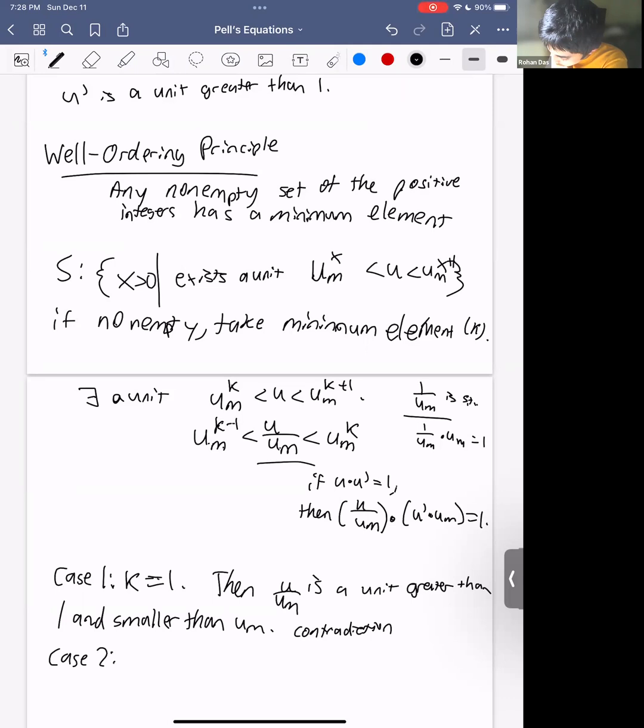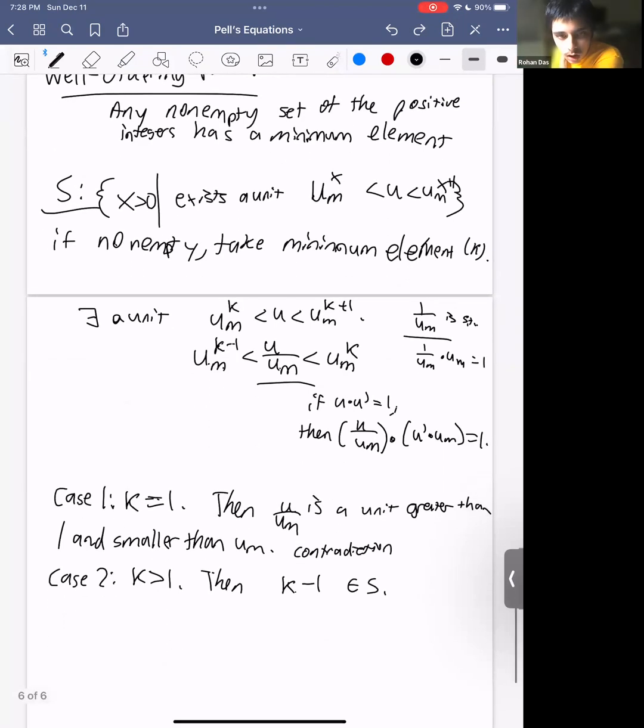For case 2, we have k is greater than 1. Then we have that k minus 1 is in this set S, because we have this condition. So by the construction of S, k would also be in that set. And now this would contradict the selection of k as the minimum element of S. This contradicts the minimality of k this time, but it's still a contradiction.